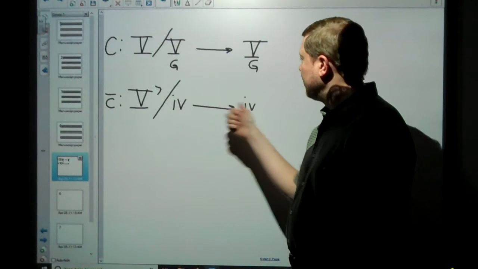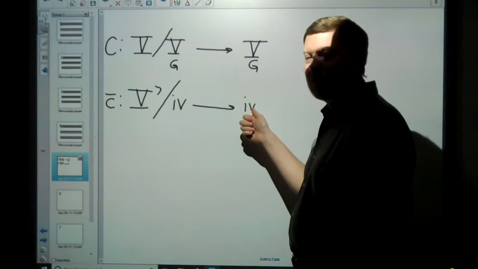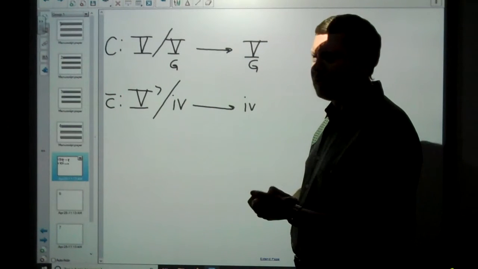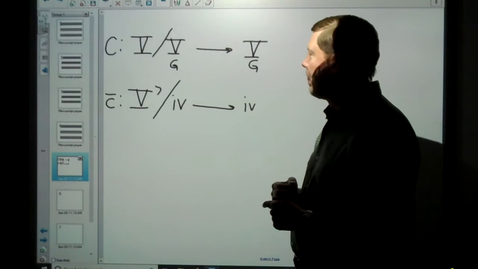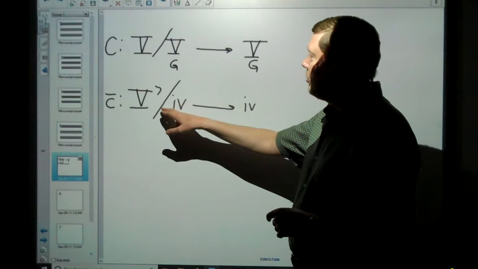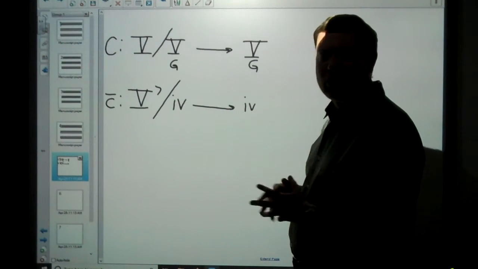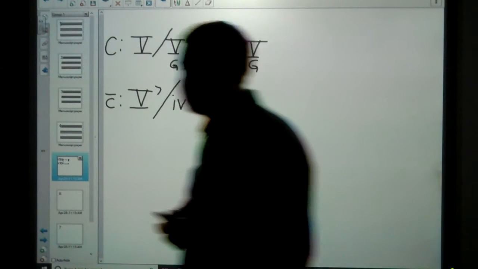The dominant of the non-tonic chord and then the chord that it resolves to. So if I were on the piano to set up C minor, then what I can do is play a 5/7 of a 4 chord and take it to a 4 chord and see what you think that sounds like.